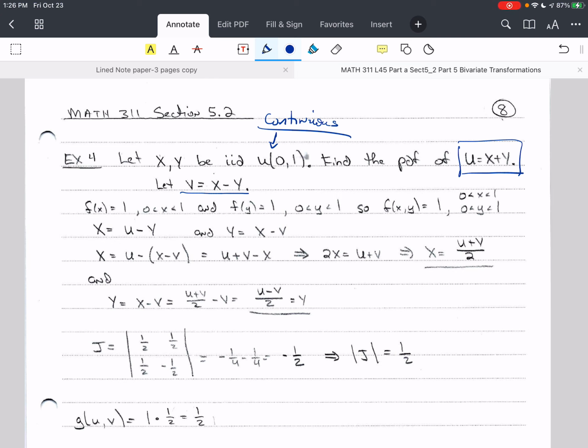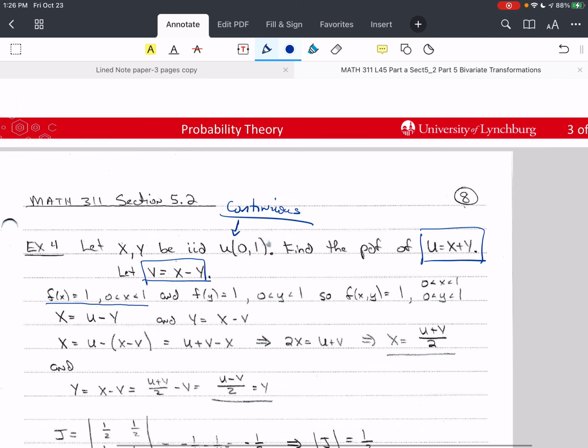And so we have the sum of two uniform distributions and the difference of two uniform distributions that are the same. Remember that f of x is going to be 1. If we draw this, and we have 0 here and 1 here, and we'll have f of x here, then the area under the curve, which is a rectangle, has to equal 1.